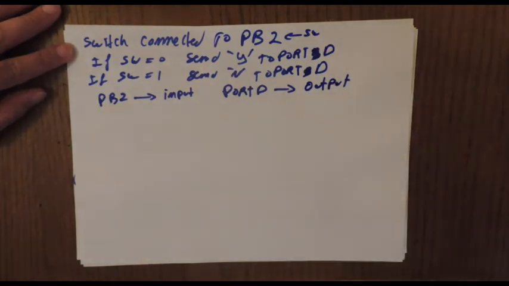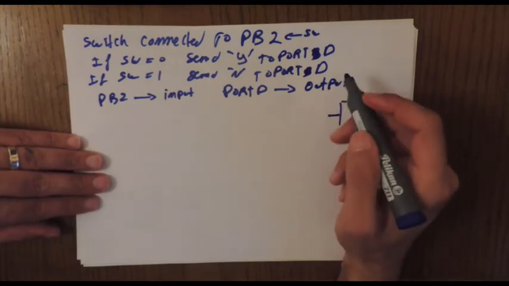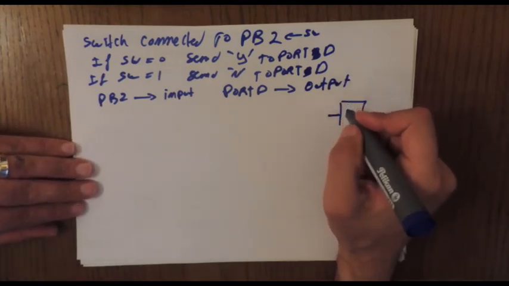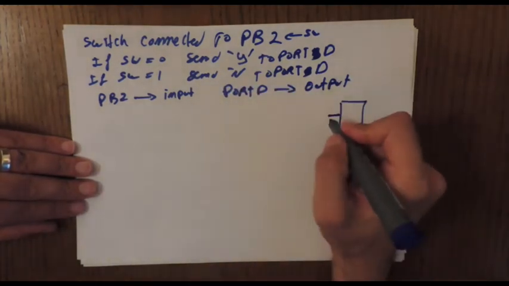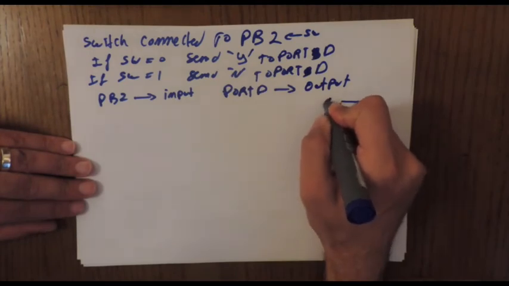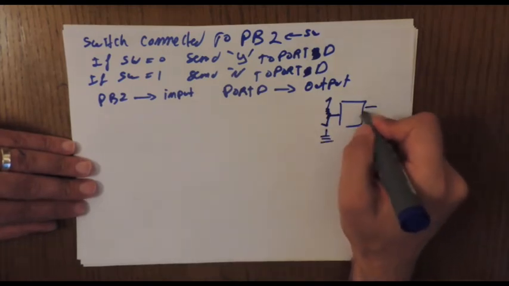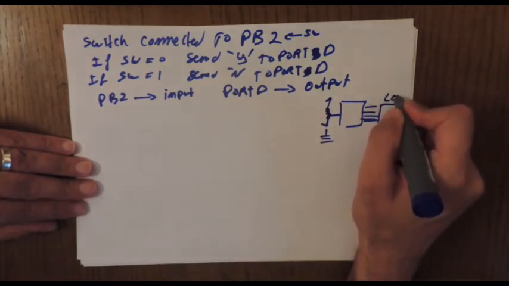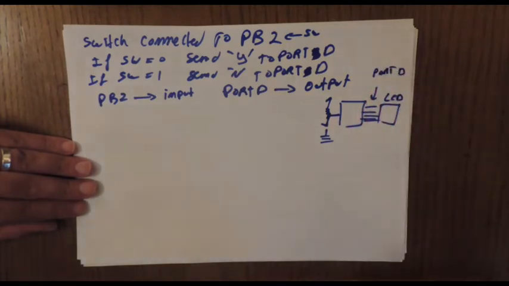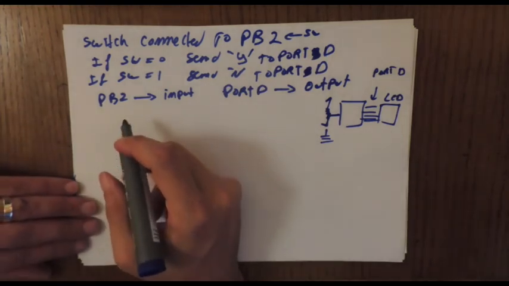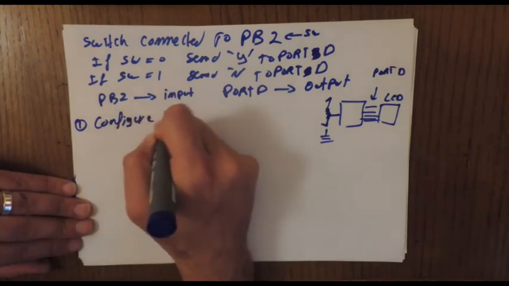So for this problem, let's say if I want to draw it, I have the switch here. This will be an active high switch. I can do it like this again, or use an active low switch. And here we have at port D an LCD. So first I need to configure the IOs.